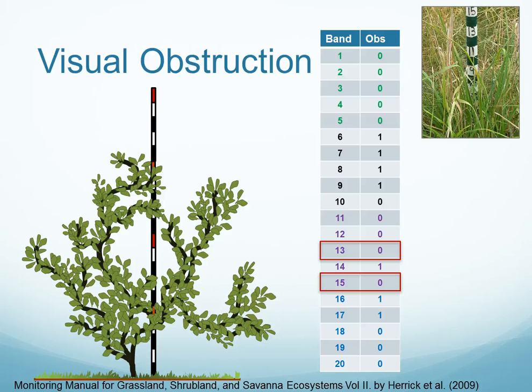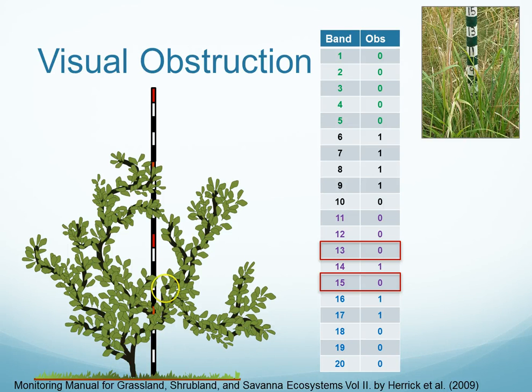Now let's look at just a couple here. The definition for obstruction is that the band cannot be covered by more than 25% by plant material.